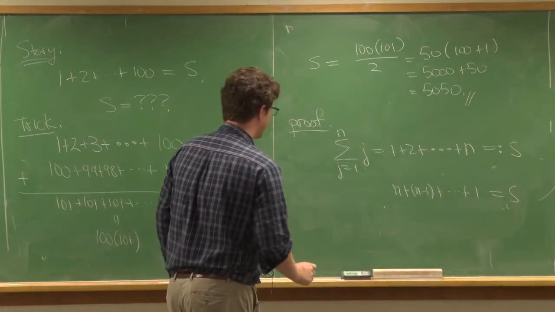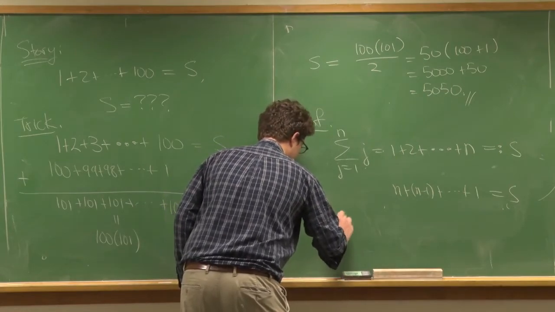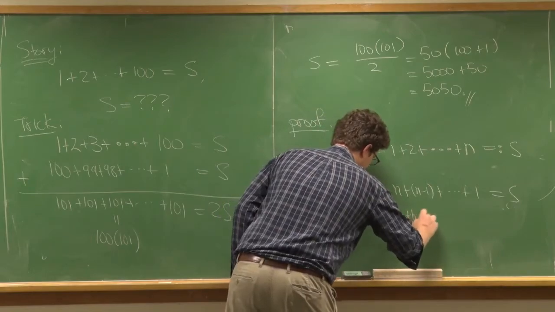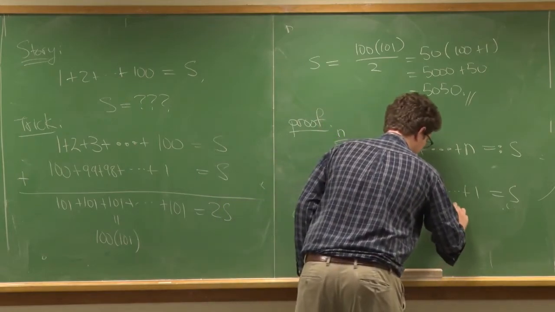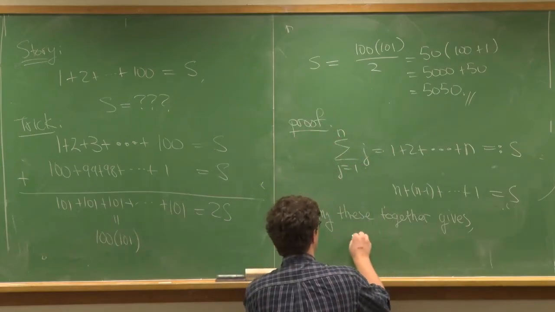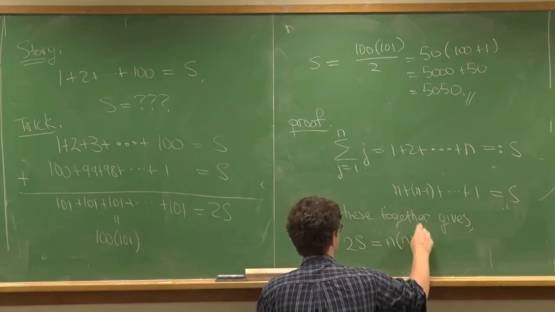So adding these together gives the following: 2s is equal to n times n plus 1.